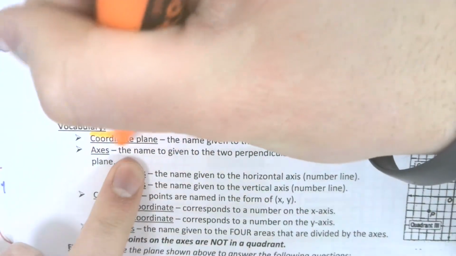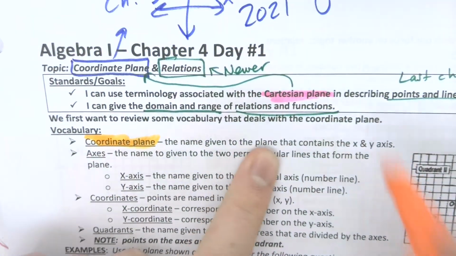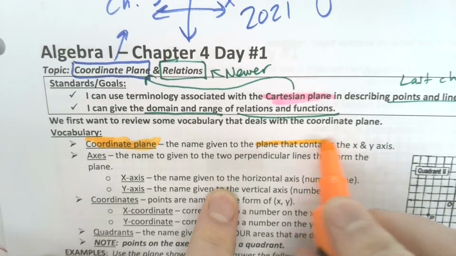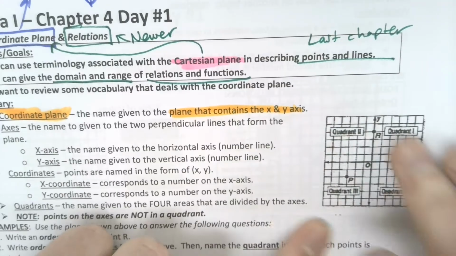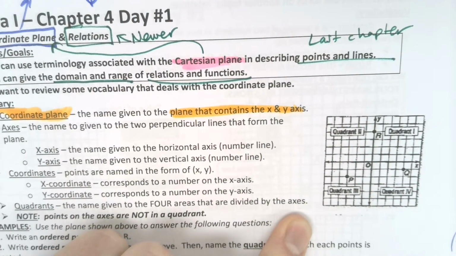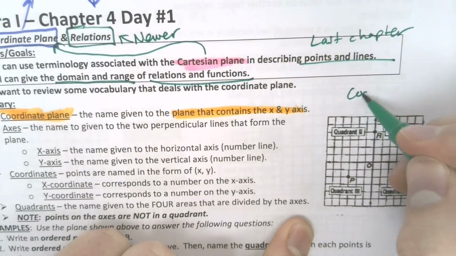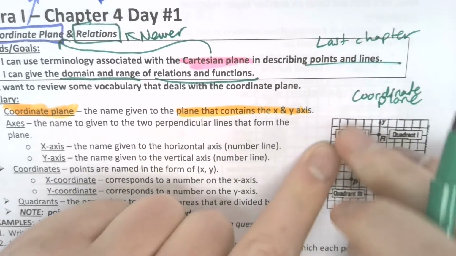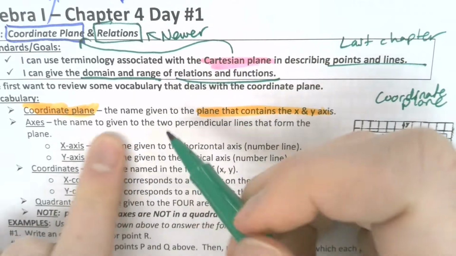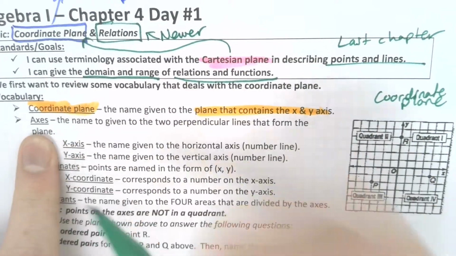So, coordinate plane. We know that's the name given to the plane that contains the x and y axis. Kind of like we did up here, and in fact, we have one over here. This whole thing is the coordinate plane. Now, within the coordinate plane, it is composed of axes.